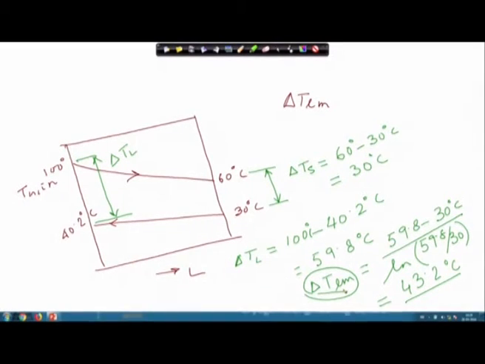Now, what else do we need? We also know, already we have seen that Q is known, Q we have estimated 8524. So, in that expression Q is equals to UA delta T Lm.